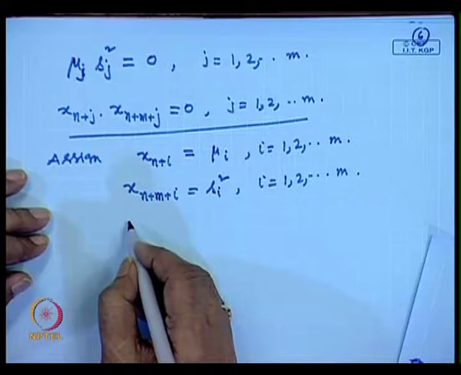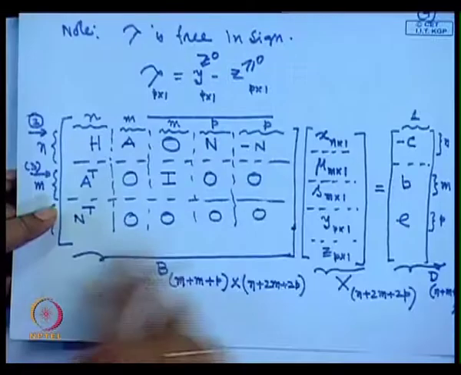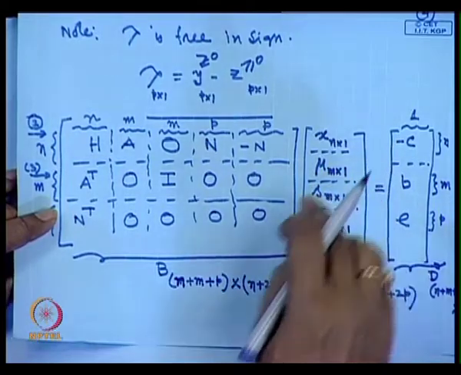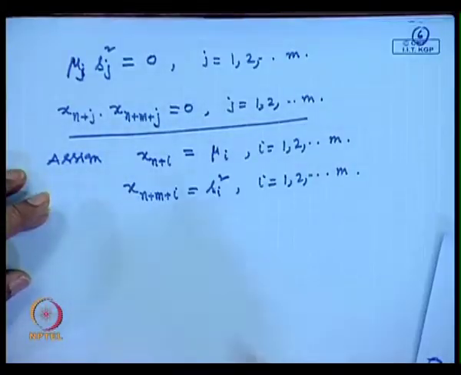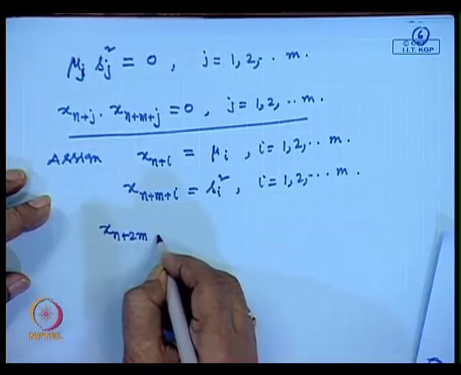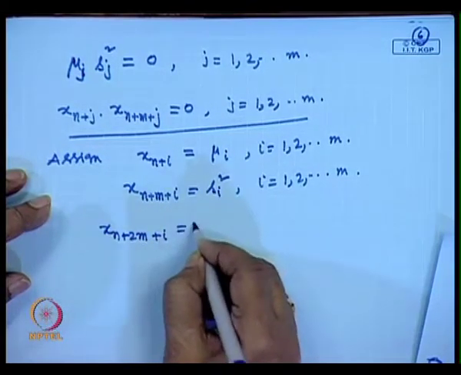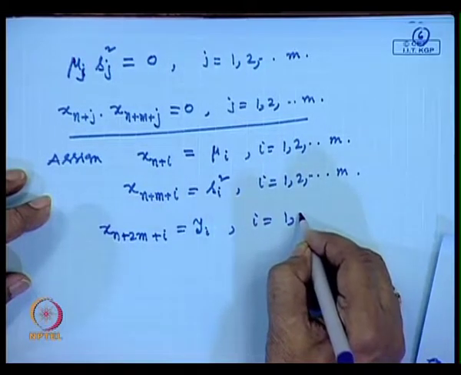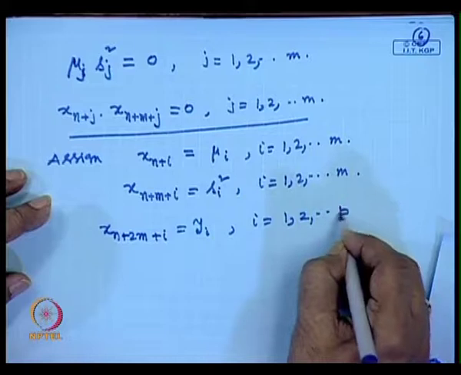And what we assign is y and z, x n plus m plus m, twice m. So, I can write x n plus twice m plus i is equal to y i, because in general we have p equality constants.